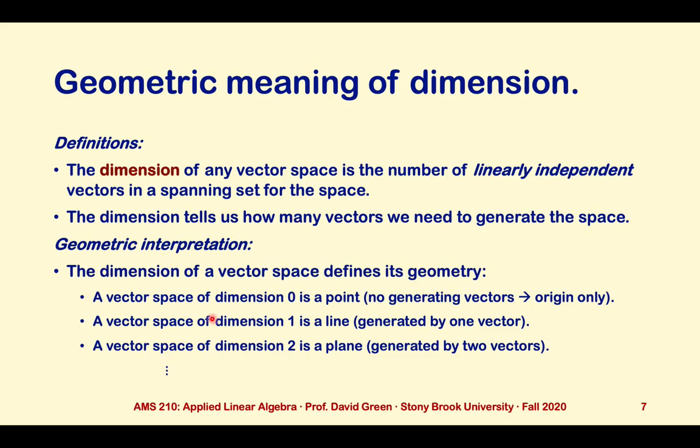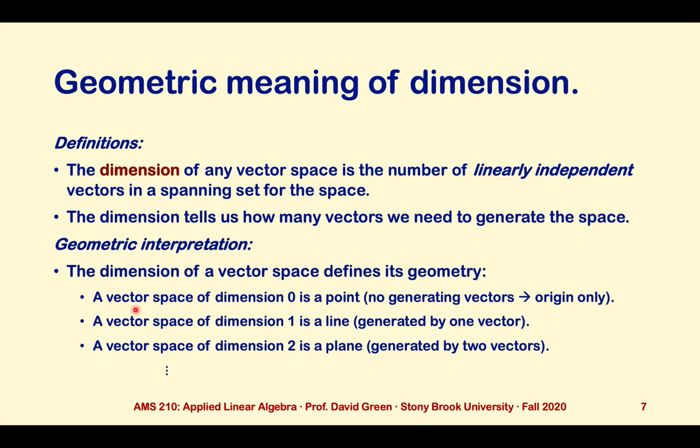If we start with, let's say, one vector, and we generate a vector space from only one vector, all linear combinations of that one, that gives us a line through the origin. If we use two vectors that are linearly independent to generate all linear combinations, we'll end up with a plane. Right?